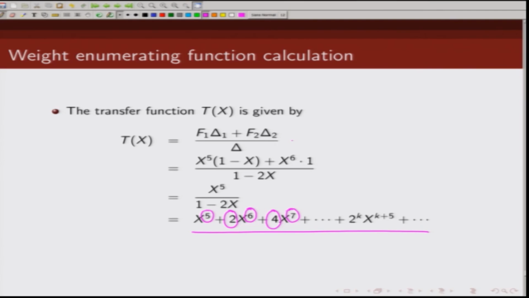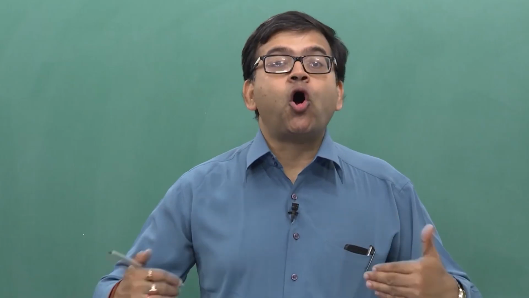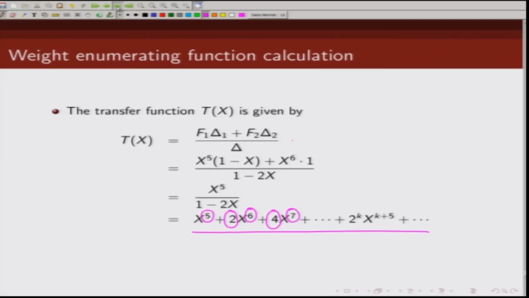So, you can see this transfer function is completely enumerating the weight distribution of my convolutional code. And the same thing I can do with augmented transfer function. And again, because the minimum weight is 5, the free distance of this convolutional code is 5.